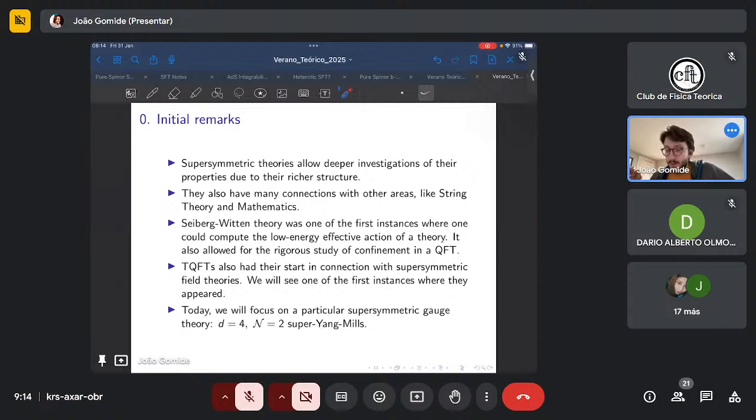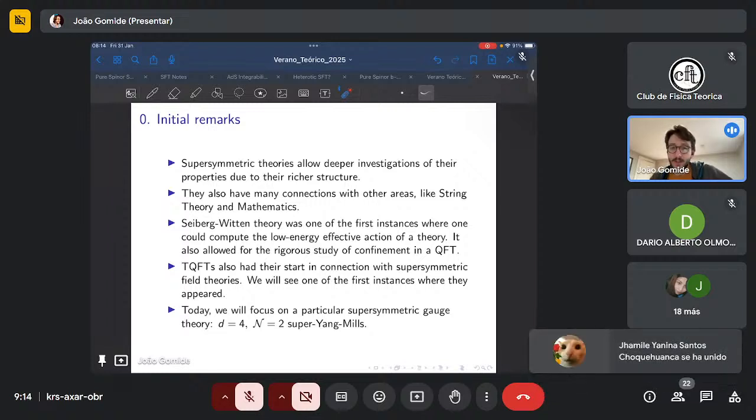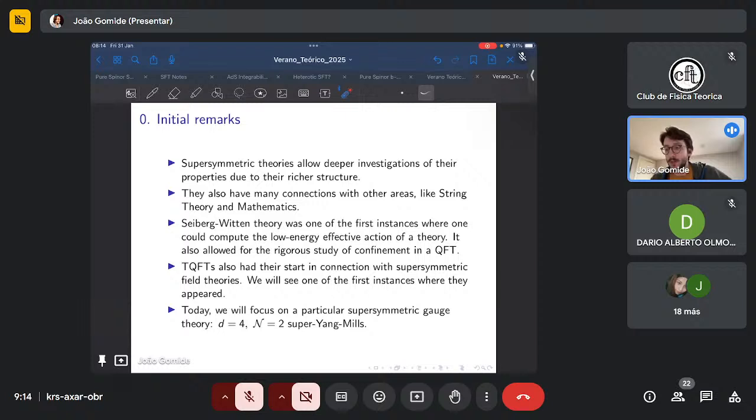So as I said, Seiberg-Witten theory is a powerful tool to study supersymmetric field theories because it was one of the first instances where you could actually compute exactly how the theory behaves at low energies, and it also provided a framework to understand confinement in a quantum field theory. Of course, everybody wants to understand confinement in QCD, for example, but QCD is not supersymmetric as far as we know.